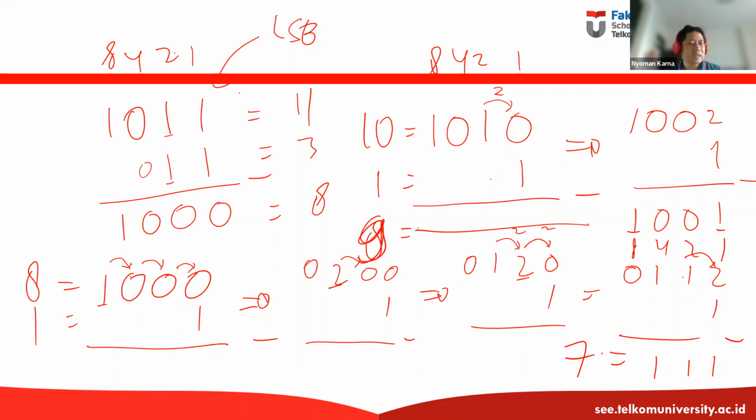Now, how about in hexadecimal? Same thing. Let's do the easy subtraction. Let's say I have FF, and then I'm going to subtract this one with A1, for example.